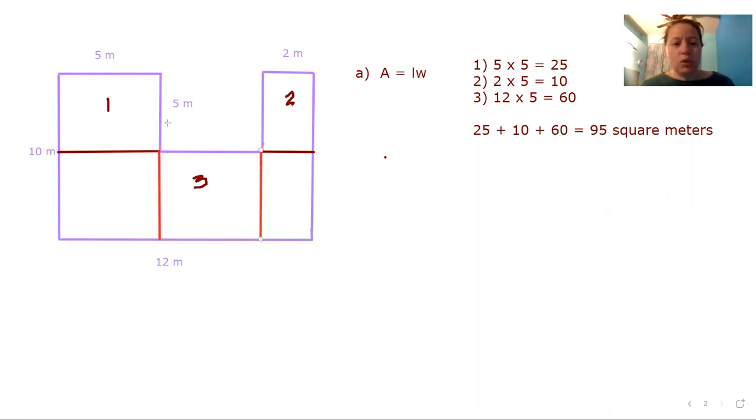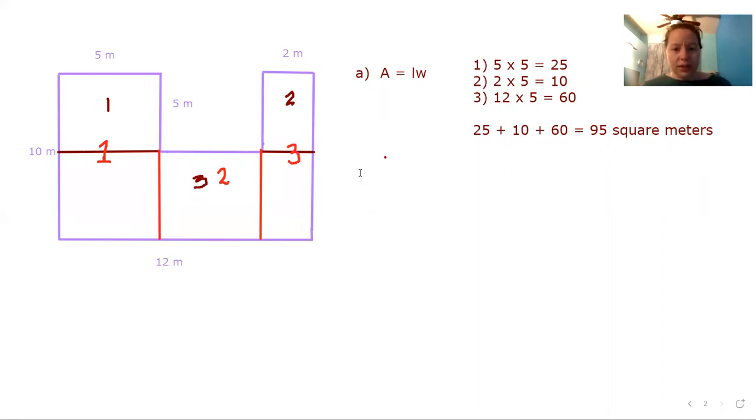So I have 2 long ones and 1 small one in the middle. This one right here is going to be number 1. This one right here is going to be number 2. And this whole line is going to be number 3.